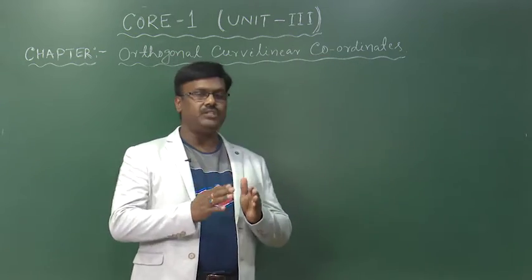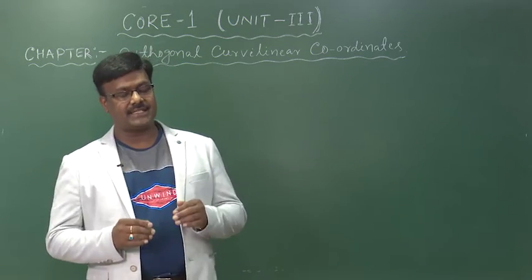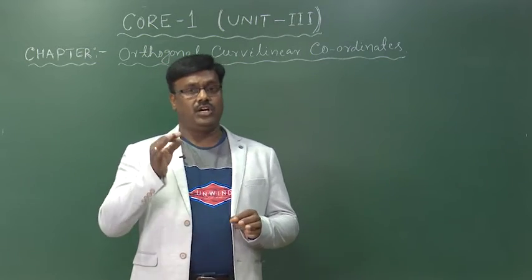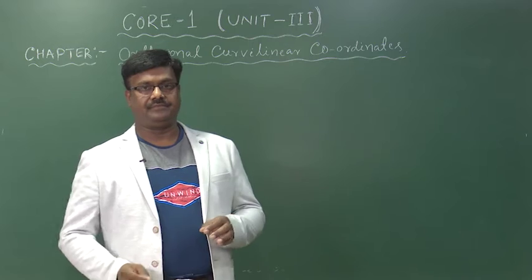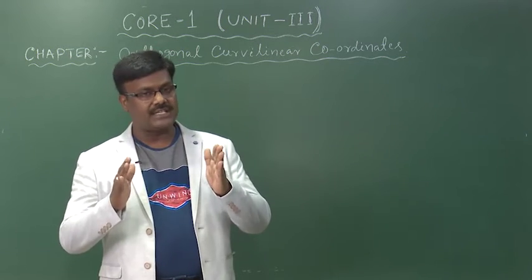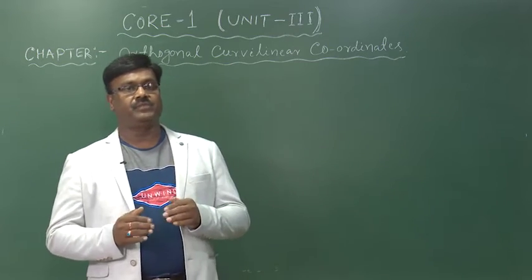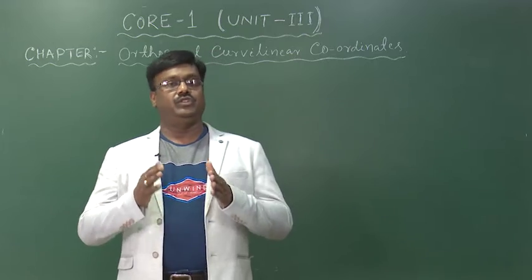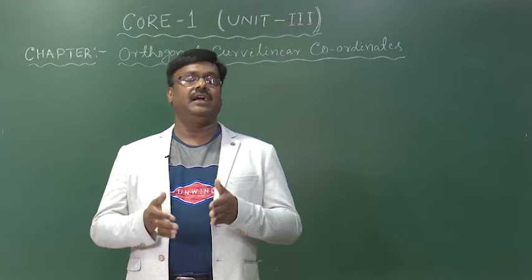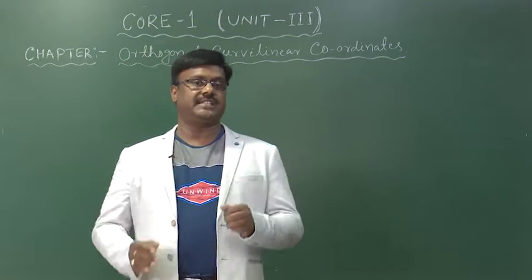Before going to the details of orthogonal curvilinear coordinates, let us first start with the coordinate systems. What are the different types of coordinate systems and how can we express the position, displacement, velocity and acceleration with respect to the various coordinate systems?